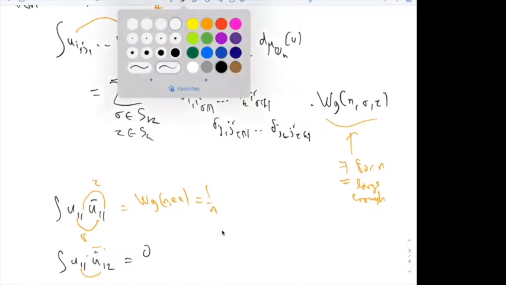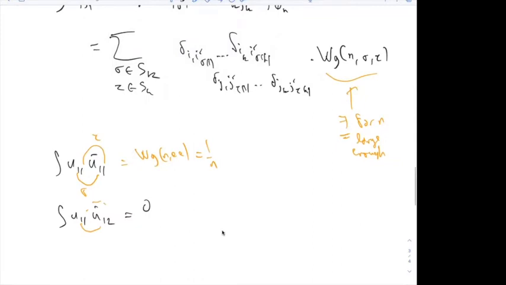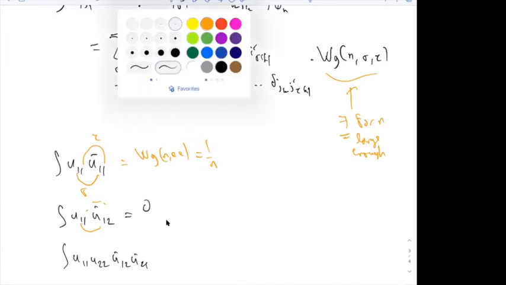And maybe let me give one more. I think it was the one which was mentioned by Felix. It was U11, U22, U bar 12, U bar 21. So here I have only one pairing.